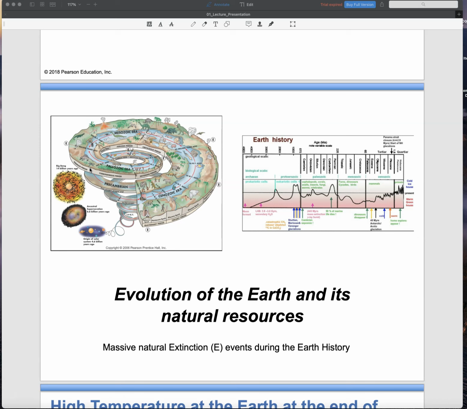And that is very important for environmental science because that extinction was created, as you're going to see in a slide that I'm going to show you in a few minutes, by an over greenhouse effect, in which the temperature over the surface was one of the greatest ever recorded on Earth.